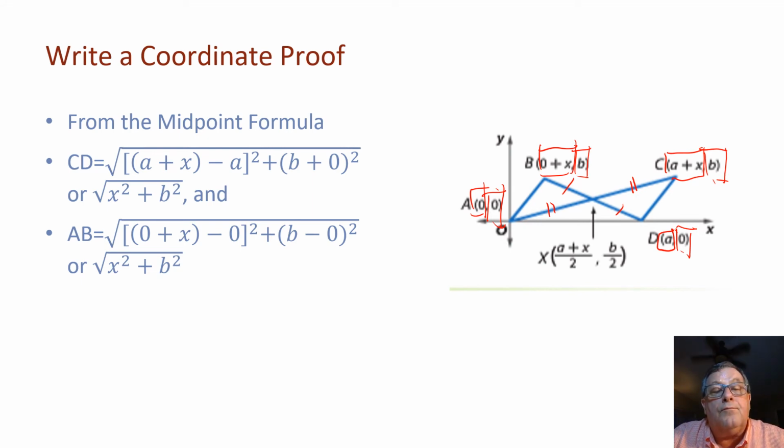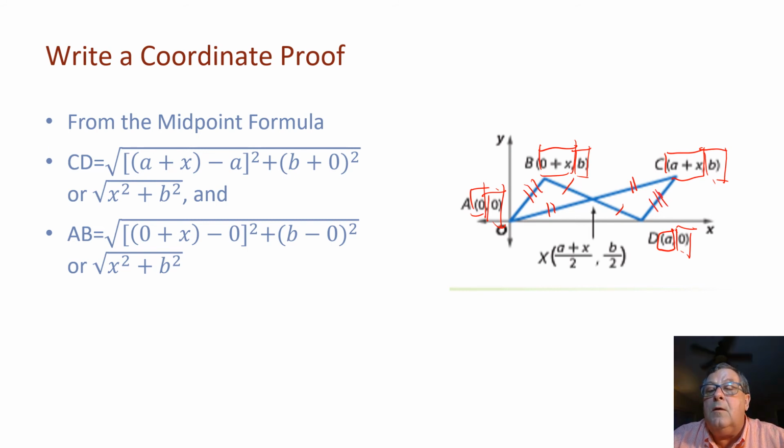So that's just going to equal the square root of x squared plus b squared. Okay, so, well, they're equal to each other, aren't they? CD is the square root of x squared plus b squared. AB is the square root of x squared plus b squared. So these are congruent.